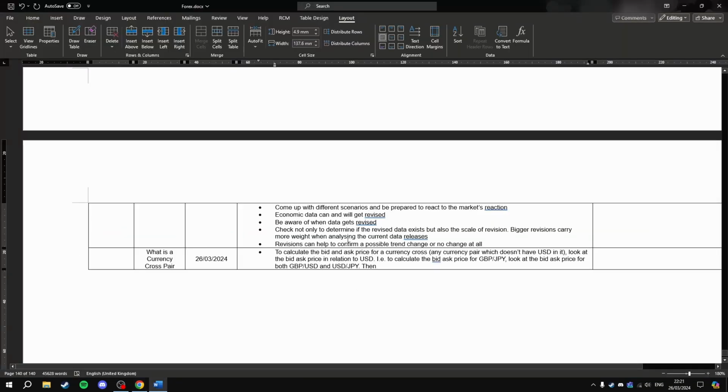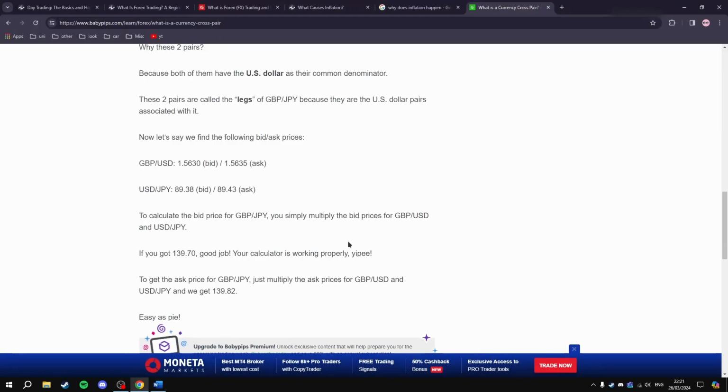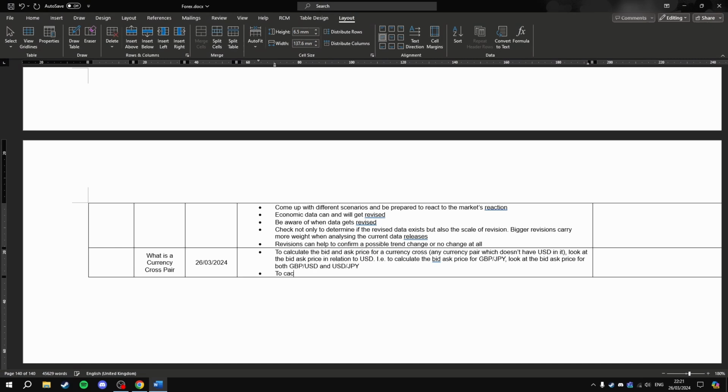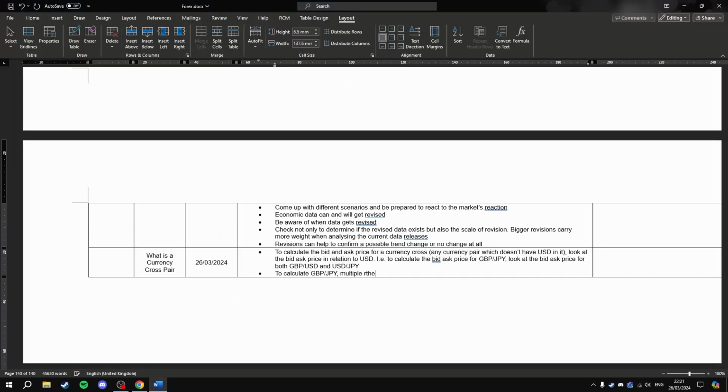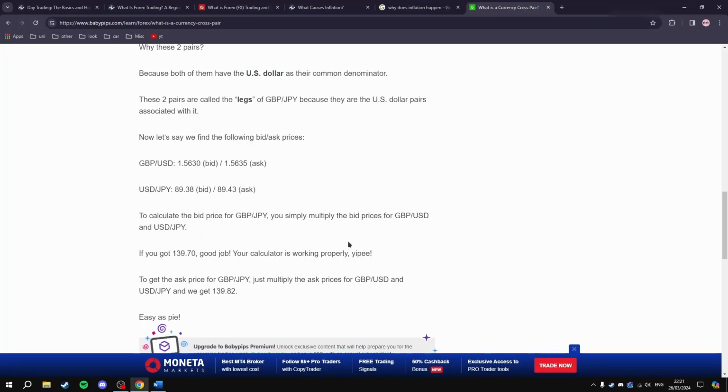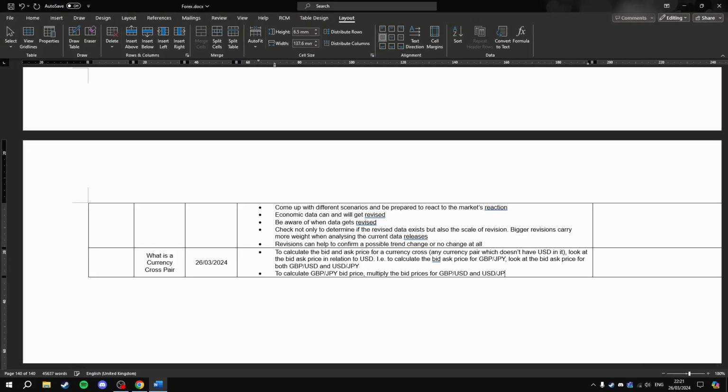To calculate the GBP/JPY bid price, multiply the bid prices for GBP/USD and USD/JPY.